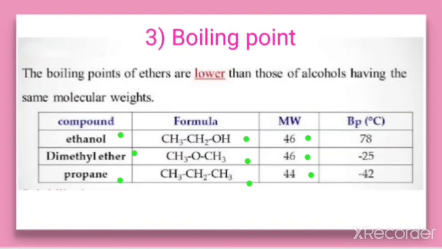In that case, when we observe their boiling points, you can find a great difference. In the case of alcohol, it is 78 degrees Celsius, but dimethyl ether is minus 25 degrees Celsius, and for propane it is minus 42 degrees Celsius.